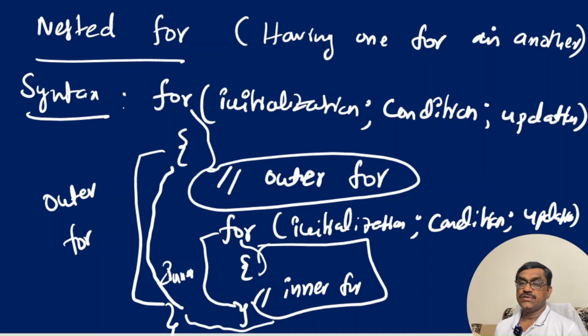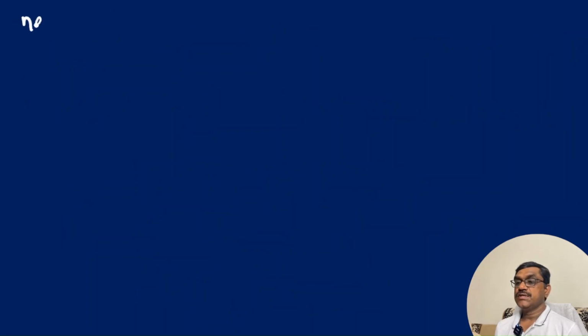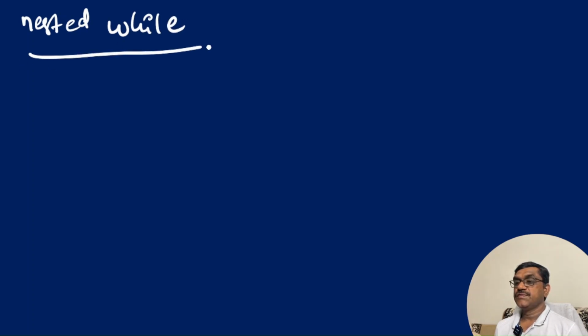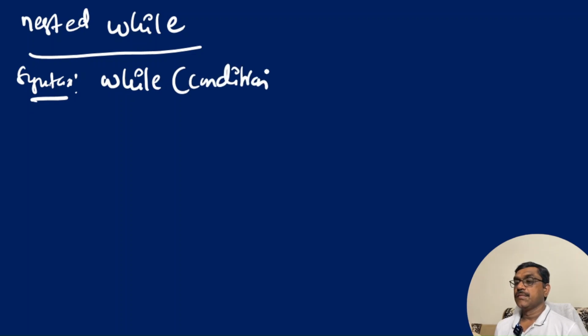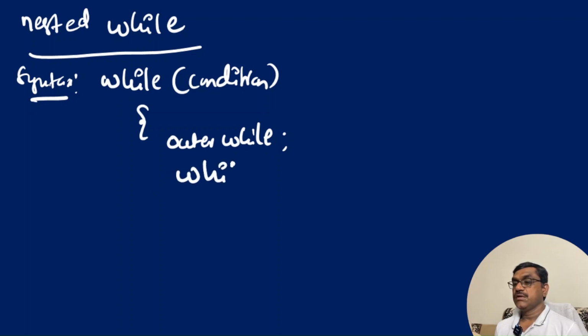After nested for, now we are moving to nested while. The syntax for this is: first we write while, condition. Now we write the opening brace. We call this outer while. Now here we write another while, condition, and this is the body of inner while.